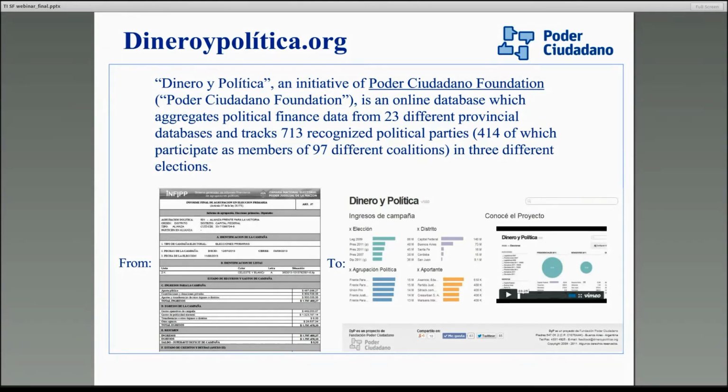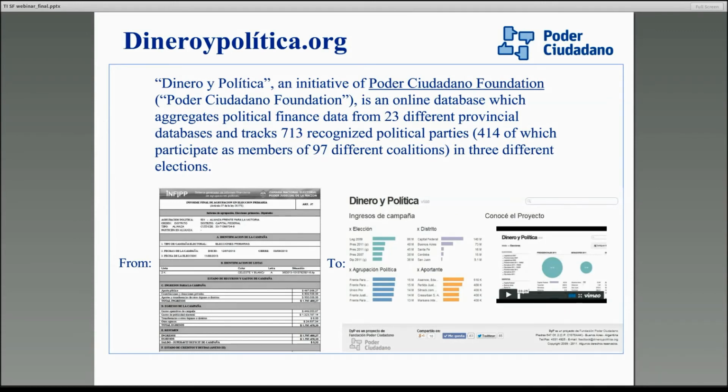So we have created this online database which aggregates all the political financing data from 23 different provincial databases and tracks more than 700 political parties. The problem is, you may see on the first image on the screen, that each report is presented as a PDF, which contains a lot of information which is not open.